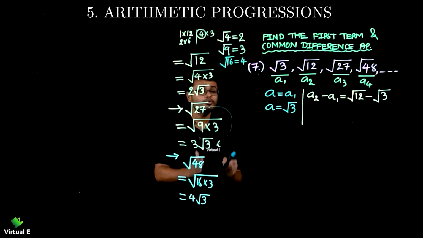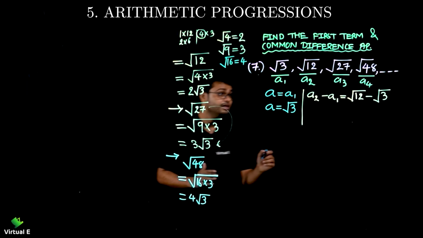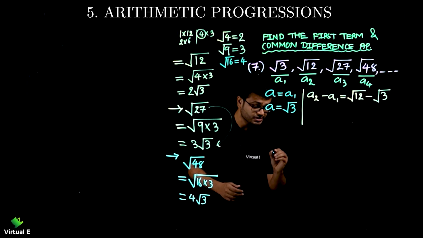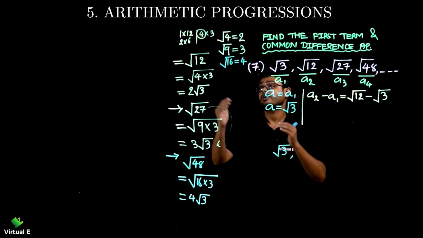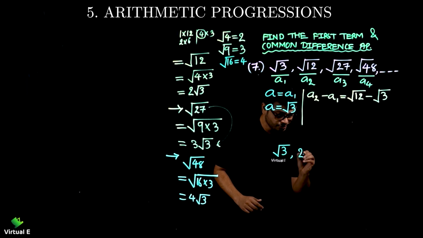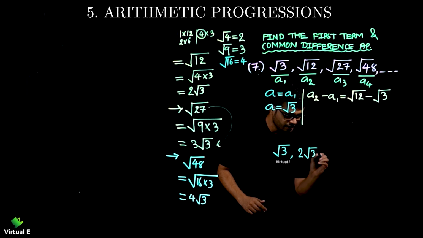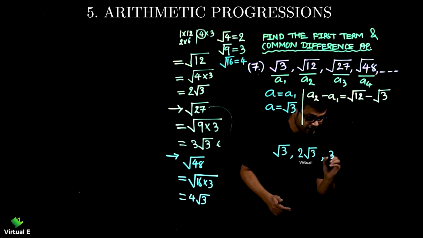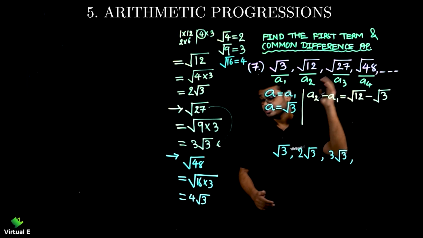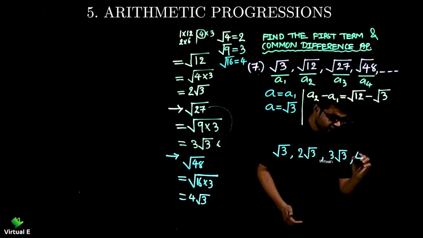So now if you write the AP, your AP will look something like this. Square root of 3 as it is. Then instead of square root of 12, what will I be writing? 2 square root of 3. Instead of square root of 27, I will be writing 3 square root of 3. Then instead of this number, I will be writing 4 square root of 3.